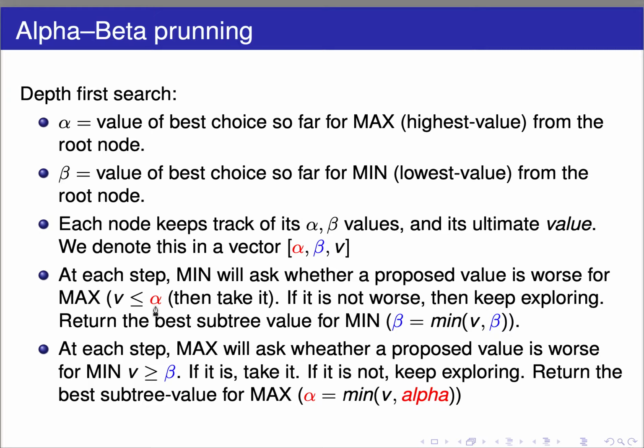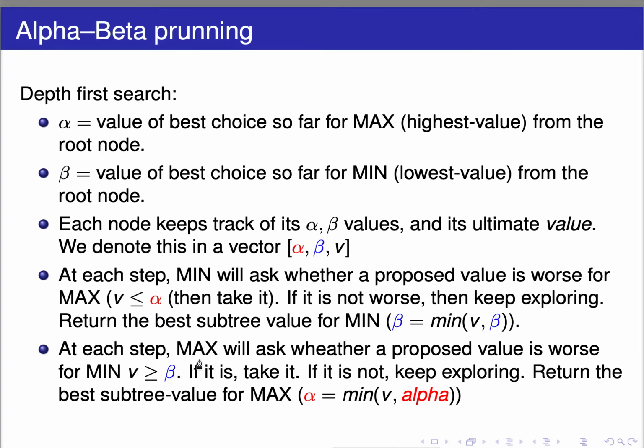I'll take any value that's worse for max, right? Now, if it's not worse for max, I will keep exploring to see if there's a value that's going to be worse for max. If none of them is worse for max, I will just return the best subtree, and I will be updating beta with that worst value for max, or the best candidate as worst value for max.